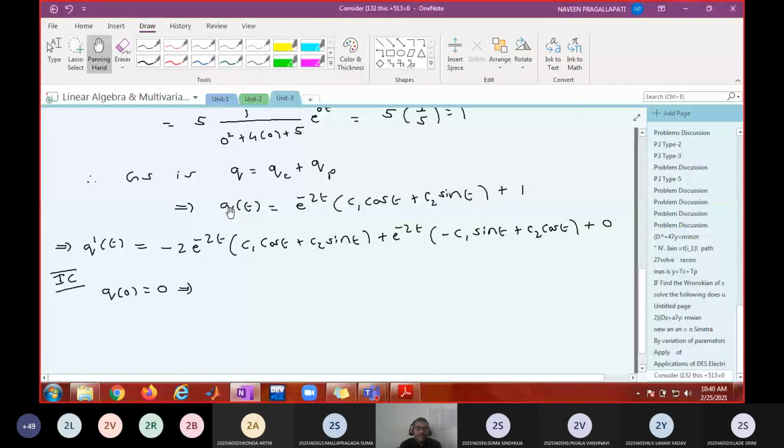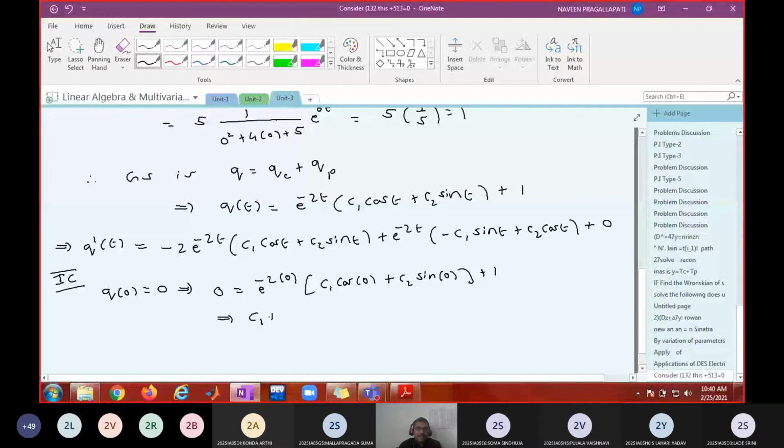Then what do you get? 0 is equal to e power minus 2 into 0 (c1 cos 0 plus c2 sin 0) plus 1. So that means what? e power 0 is 1, cos 0 is 1, sin 0 is 0. So c1 plus 1 equal to 0.